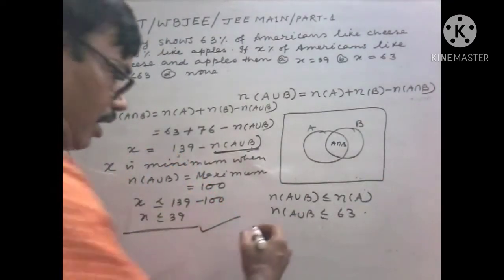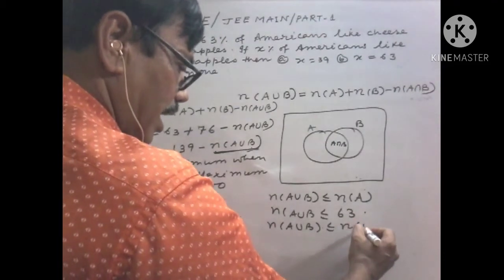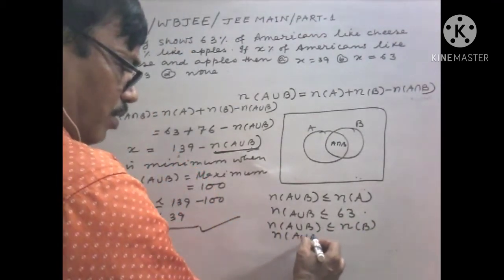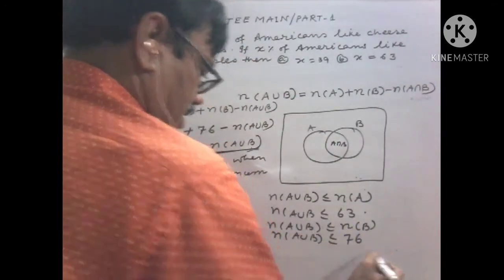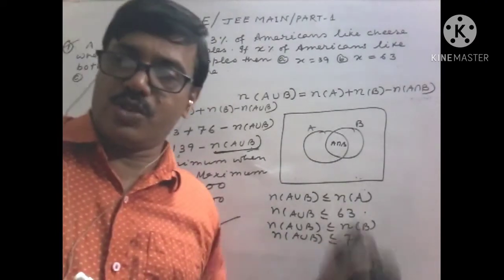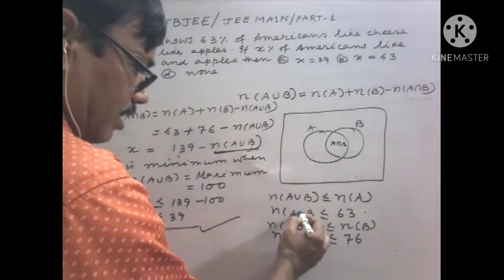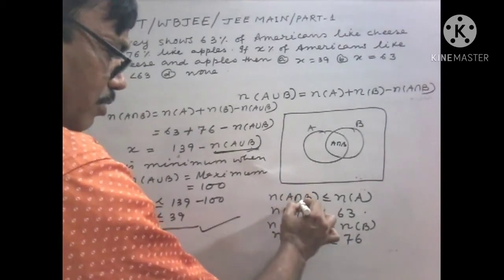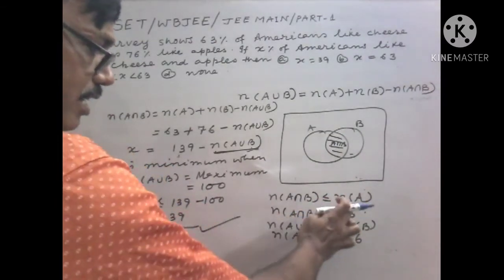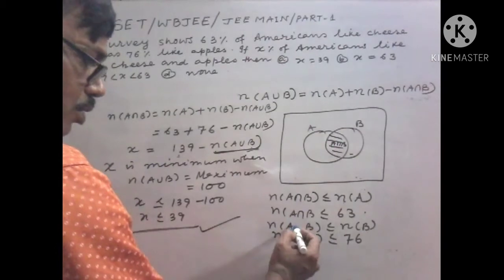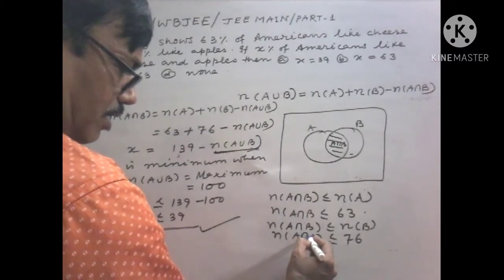Again, n(A intersection B) is less than or equal to n(B), so less than or equal to 76.